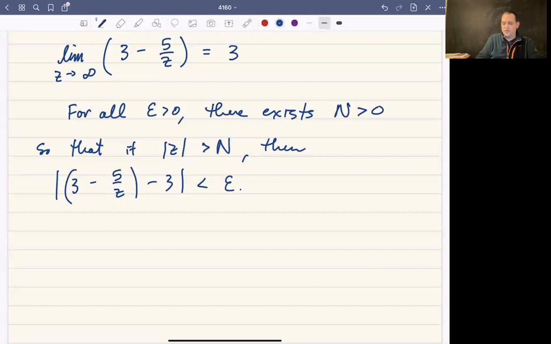By arbitrarily close, I mean pick as small a value of epsilon as you want. It'll be within epsilon of 3. So this is what we want to show.